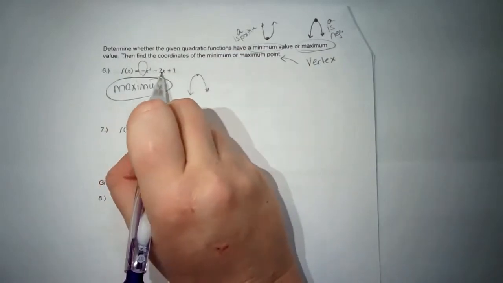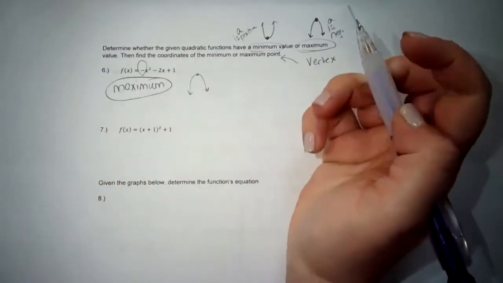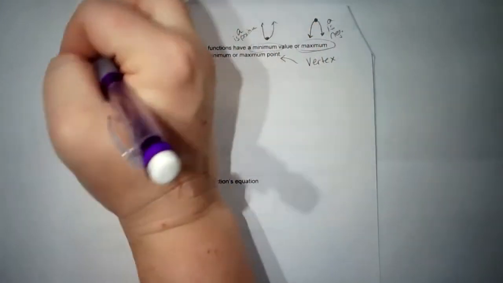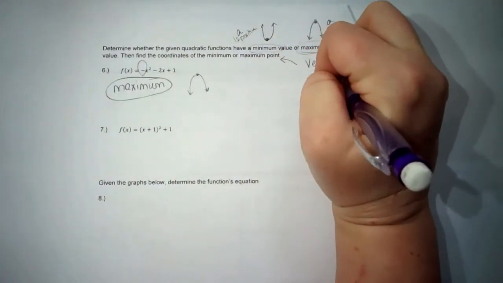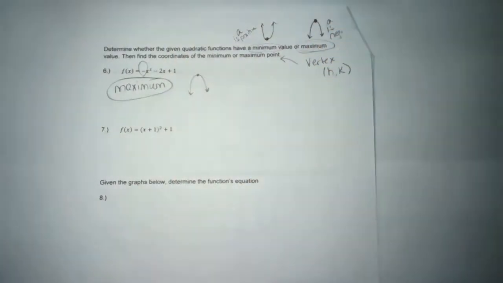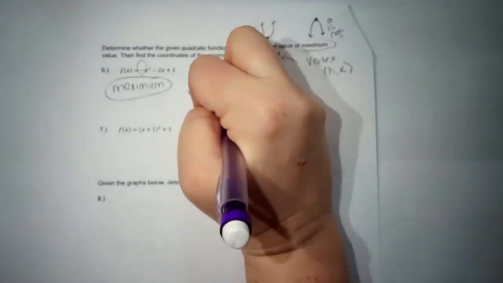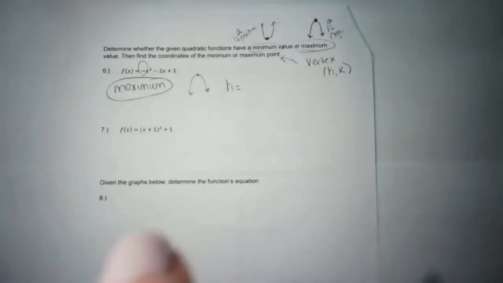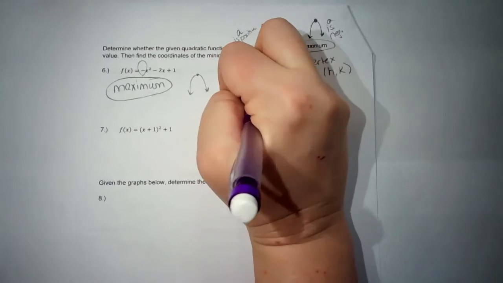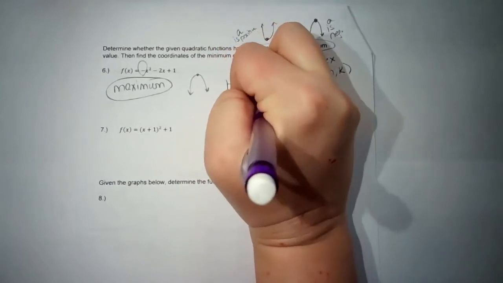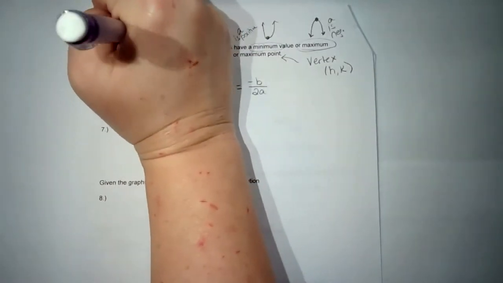Okay, since he's all stretched out like this in general form, your vertex, remember, is going to be (H, K). That's your vertex. To find H in all stretched out form, general form like that, it's going to be the opposite of B over 2A. So remember, a quadratic is in this form, right?